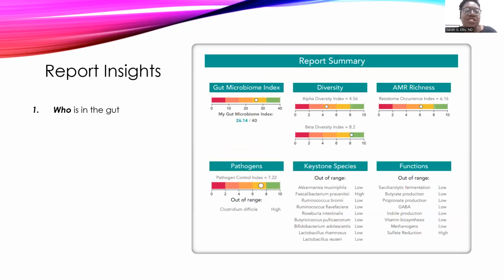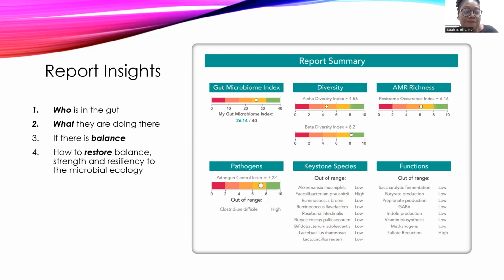So now let's look into the report. The report tells us who is in the gut, what they're doing there, if there's balance between these microbes, and how to restore balance, strength, and resiliency to the microbial ecology.